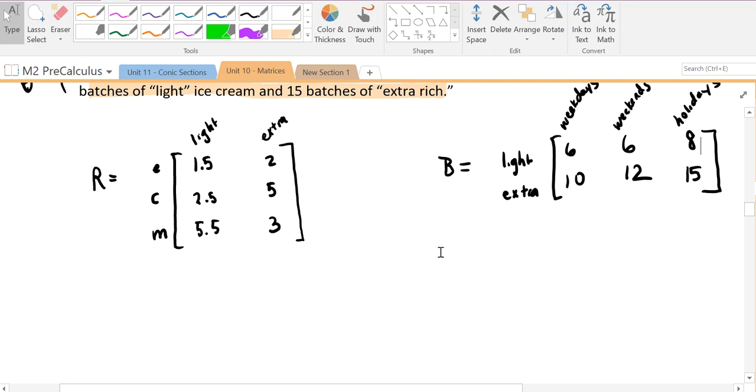All right, so based on this information, I'm able to multiply R by B in that order.